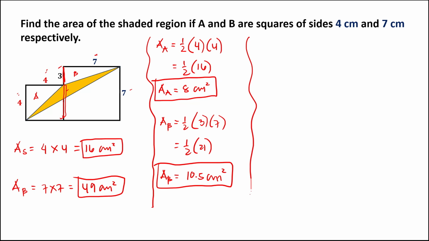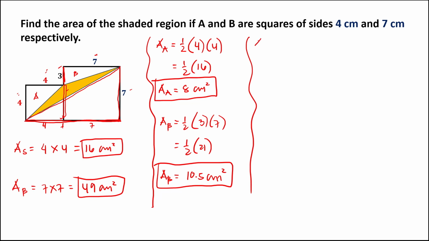Then for the last triangle, this one is triangle C, the bigger triangle. Since this side is 7 and this one is 4, therefore this side is equal to 11 centimeters.